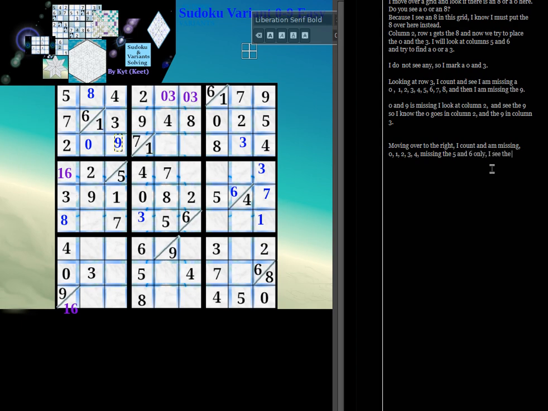I see the 7, 8, 9. I look at column 5, and what do I see? I see a 5. I look at column 6 and see a 6. I put the 6 in column 5 and the 5 in column 6.